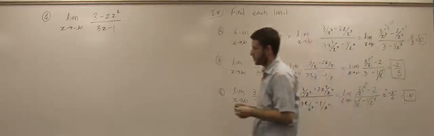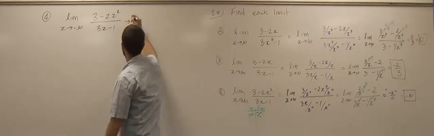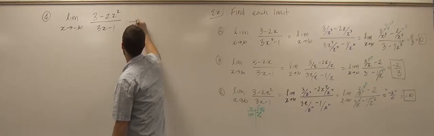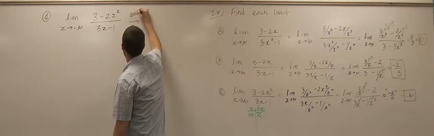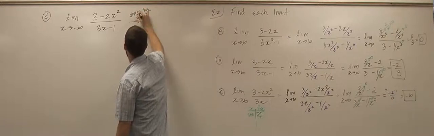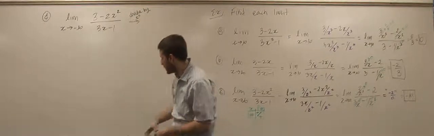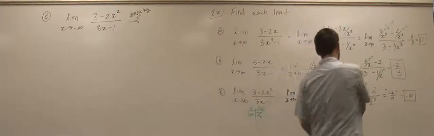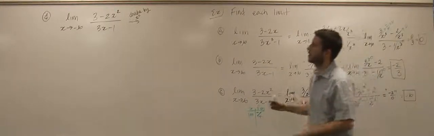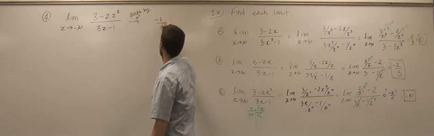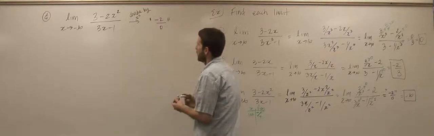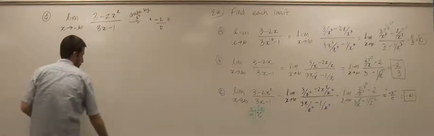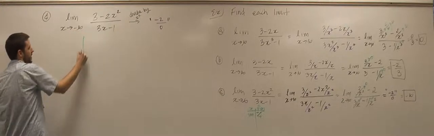And you're still going to divide by x squared like before, and that's still going to leave you with negative 2 over 0 when you evaluate. But then when you do your little table, you should plug in something going to negative infinity.